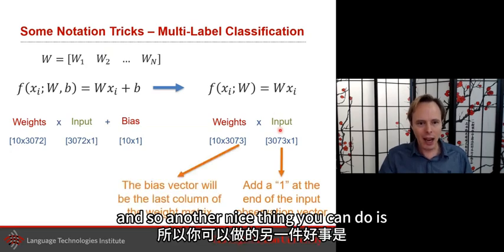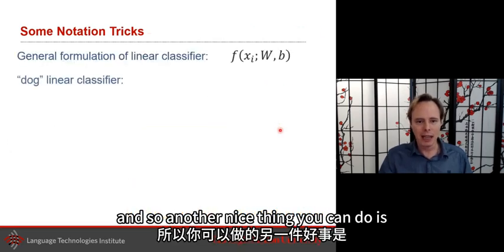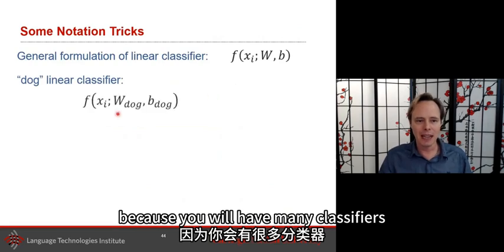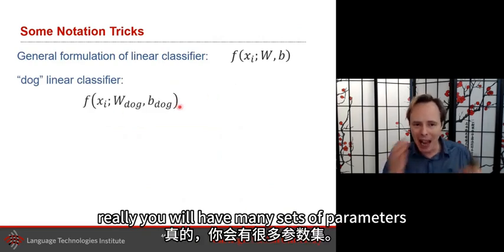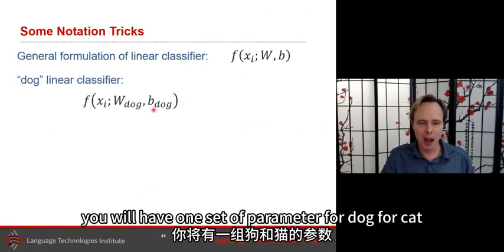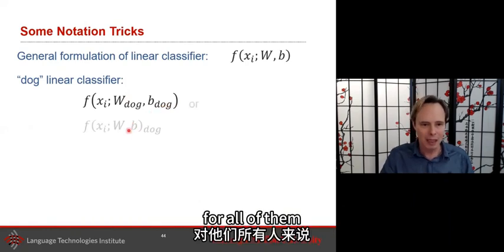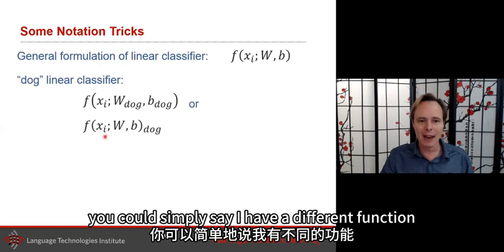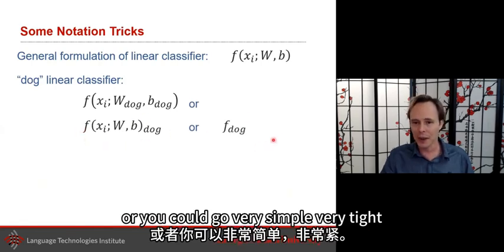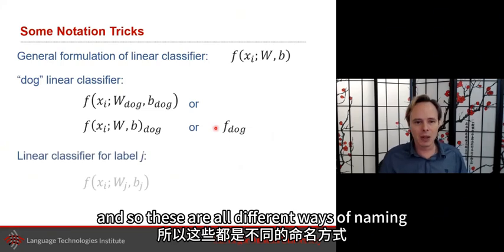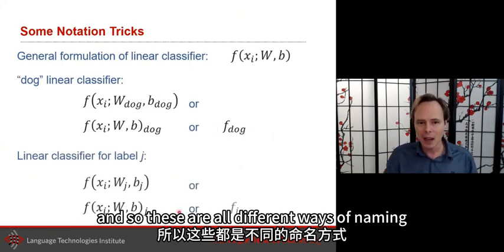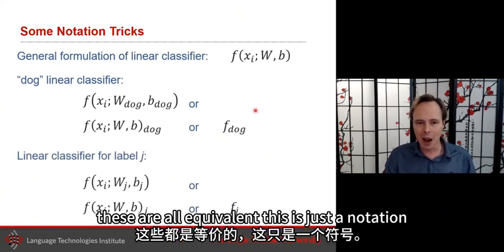And another nice thing you can do is, because you will have many classifiers, really you will have many sets of parameters. You will have one set of parameters for dog, for cat, for all of them. You could simply say I have a different function, or you could go very simple, very tight. And so these are all different ways of naming. These are all equivalent. This is just a notation.